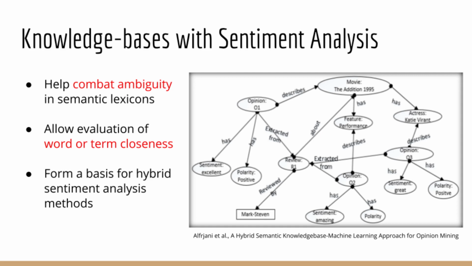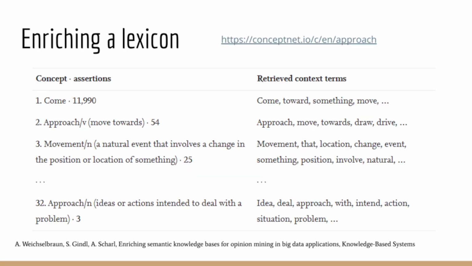This is the result of the hybrid technique, where machine learning was used to first find features, and these were joined to a knowledge base that already contained sentiment data for the concepts for The Addiction, 1995, Kathryn Vioran, and Performance. This new knowledge base is able to answer more specific questions about the movie.